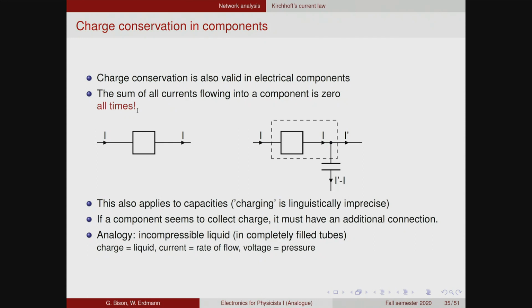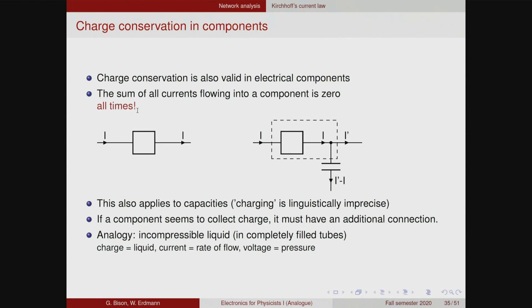Then there could be a leakage current to the box of the device or so. And this then means that in order to model this correctly in our schematic, we have to draw one more resistor, for example, with a high resistance, a megaohm, to the ground of the experiment.